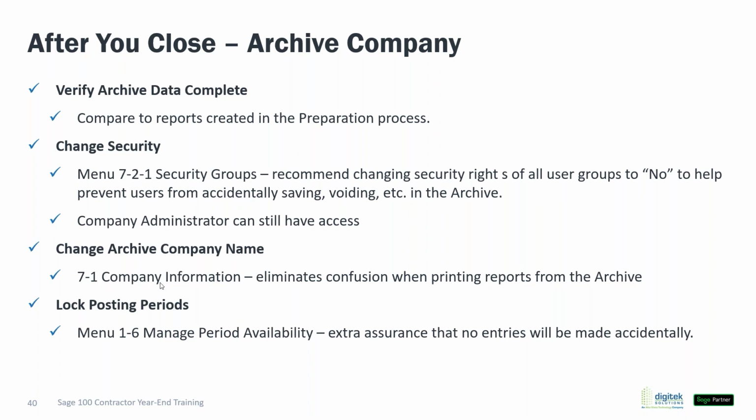I'm going to go into my company information and change that company name. So if I'm running reports out of the 2 different databases, I know what report came out of what database, because now I've changed that company name to be like 2023 sample company. And again, I'm going to lock the posting periods so that nobody can get in there and post anything at all.